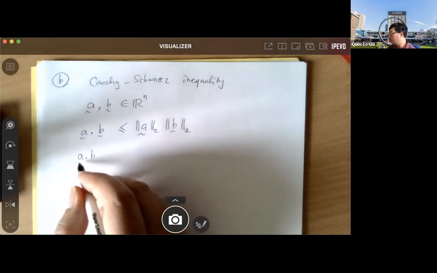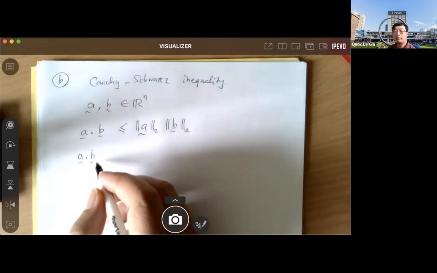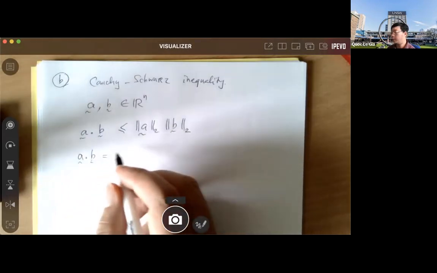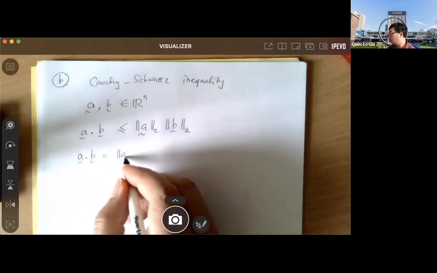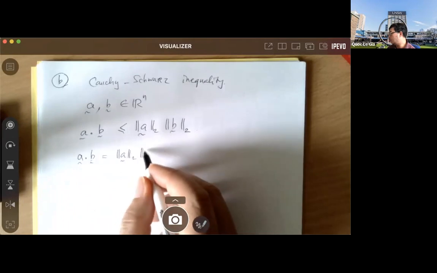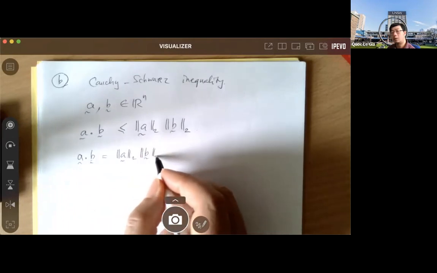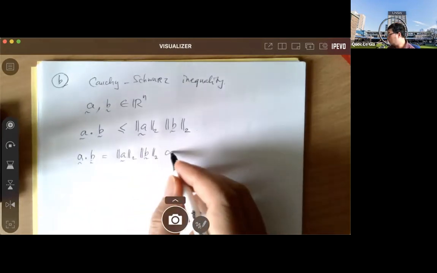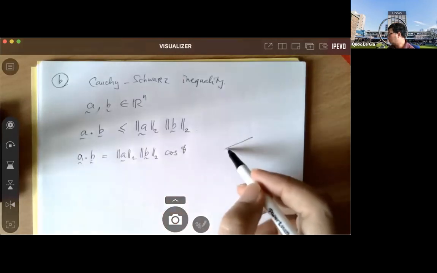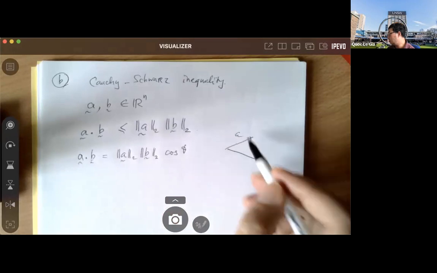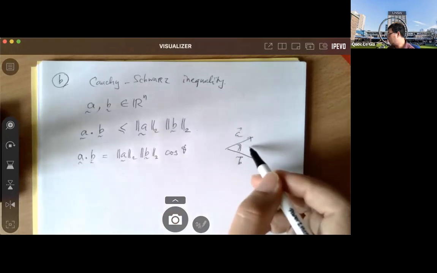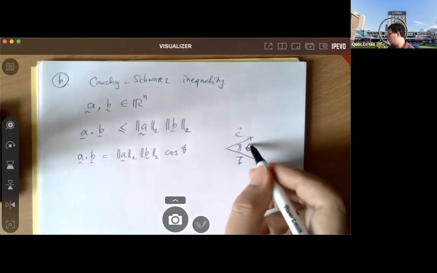If you remember your algebra, when you have two vectors, a dot b, you can write this dot product as the length of a, which happens to be the two norm of a, times the length of b, the two norm of b, times the cosine of the angle theta between the two vectors. So you have a here and b here, and theta here.